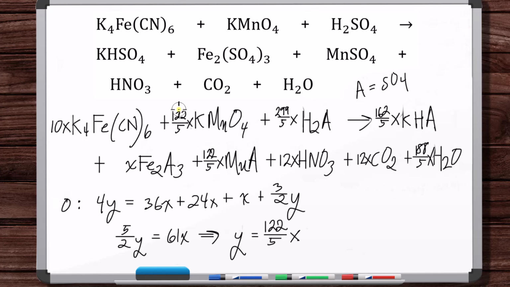122x and then 299x. And then 162. And then 5. And then 122. And then 60. 12 times 5 is 60. And then 188. Okay.